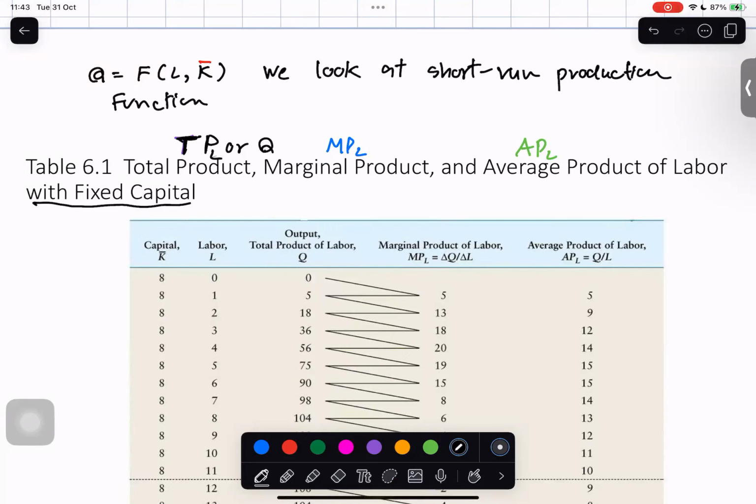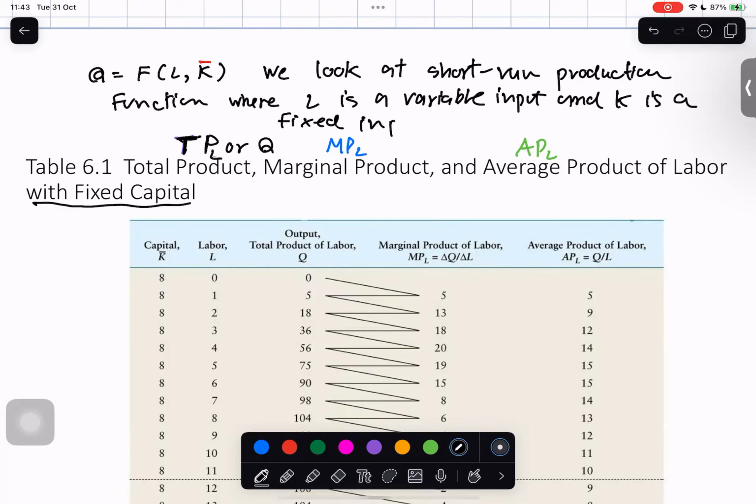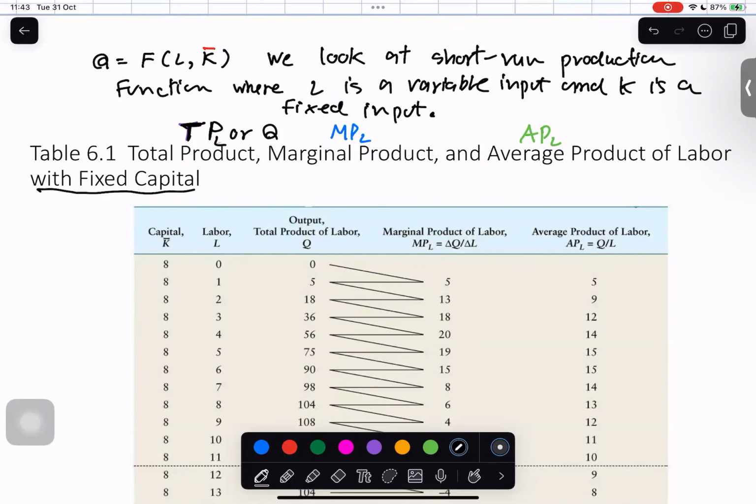So we are looking at short-run production function where workers are variable input, capital or machines or robot here is fixed input.